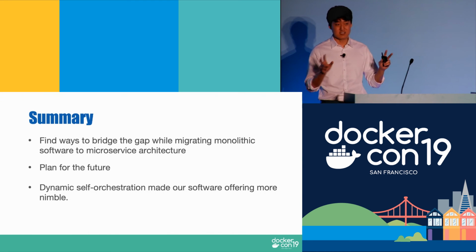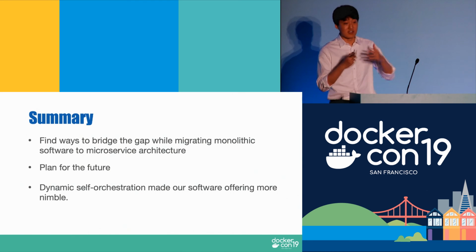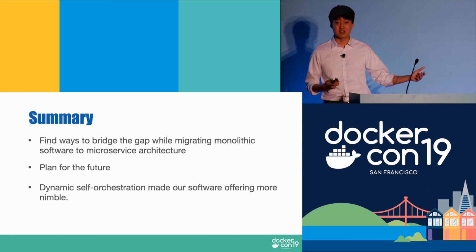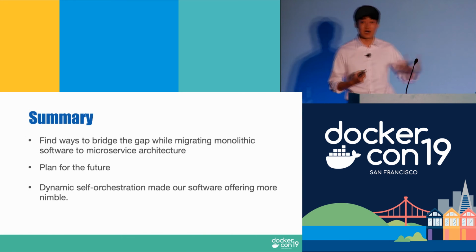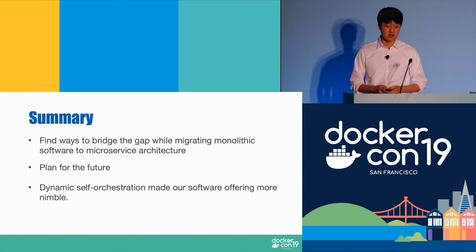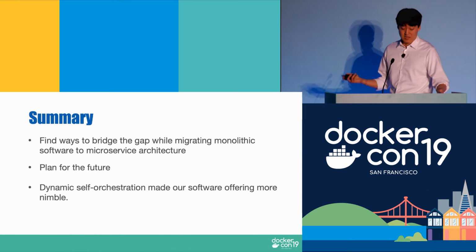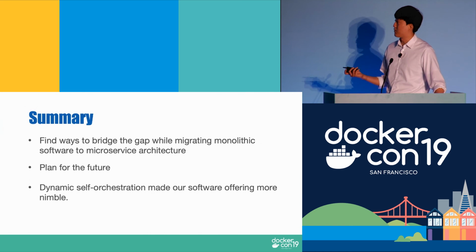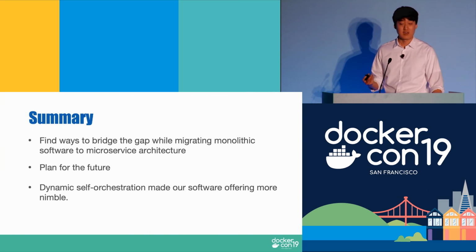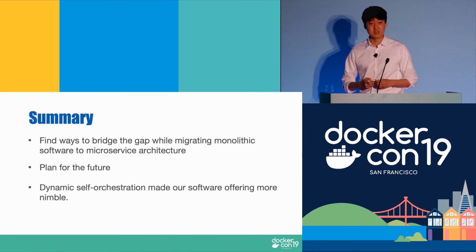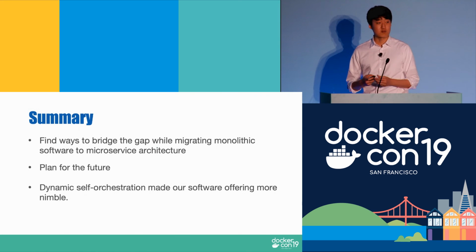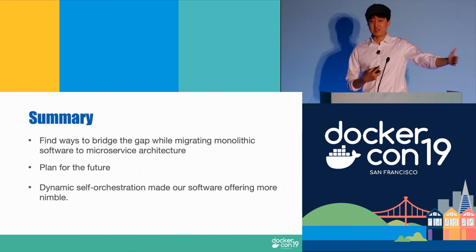It's similar to extending the boot-up time of a container, but we were able to achieve a lot dynamically at boot time. So there's no single answer. Dynamic self-orchestration made our software offering more nimble, and that's what fits our case. And if you're looking to solve your problem, don't be afraid to go anti-pattern sometimes.